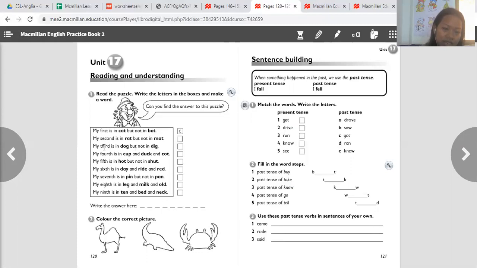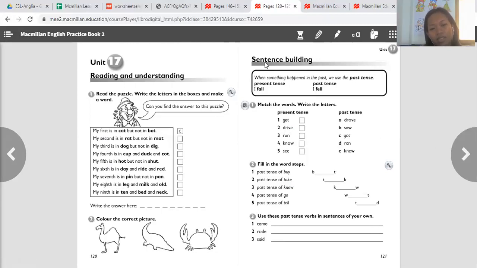You read it again and again. Two times, guys. My first, my second, my third, my fourth, my fifth, my sixth, my seventh, my eighth, and my ninth. Okay?